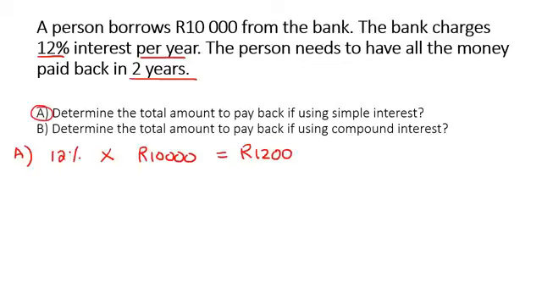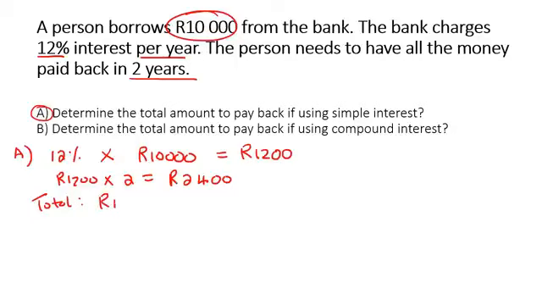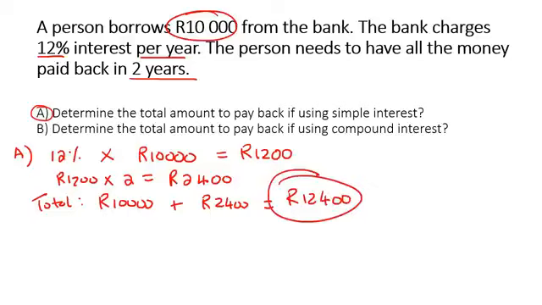So if there is 2 years, you're going to multiply that by 2, and that's going to give you 2,400 Rand. So then you just add that to the total. So the total will be, or the starting amount, so 10,000 plus 2,400, and that's going to be 12,400 Rand. That is how much you would pay back if you were using simple interest.